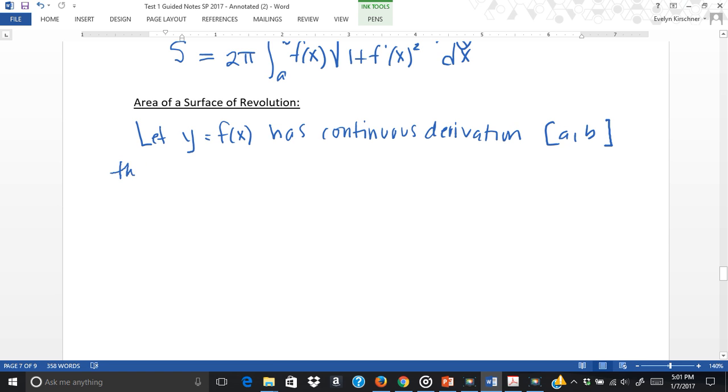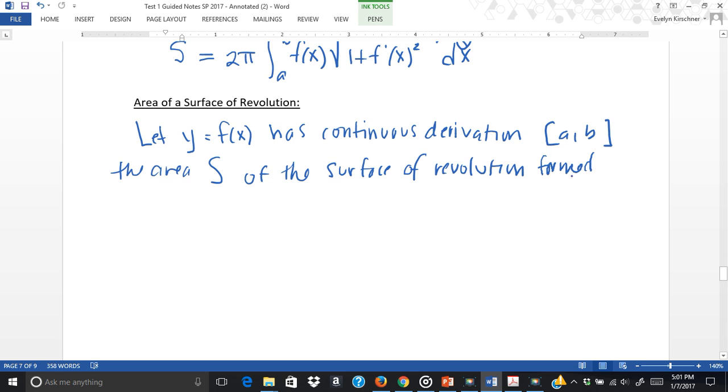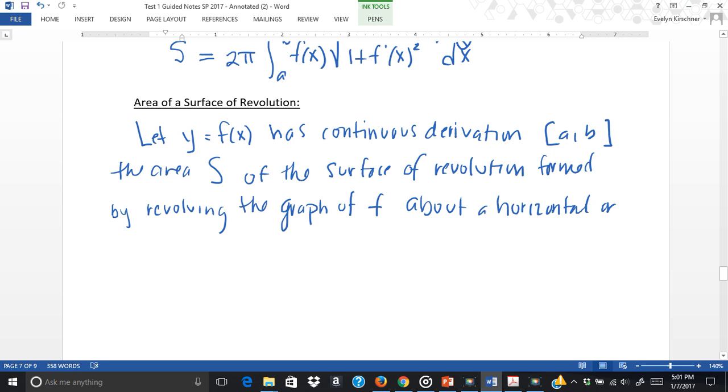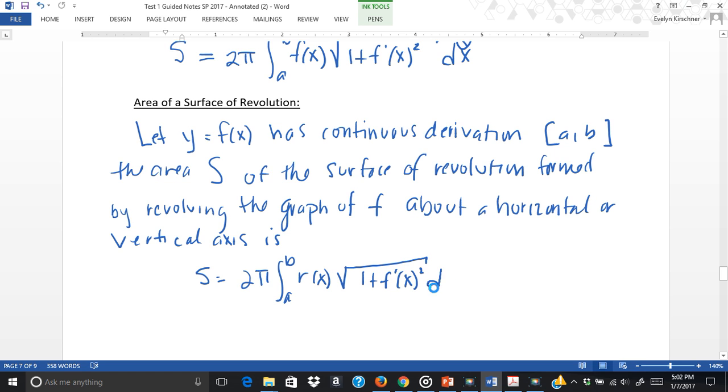And the area, I'm going to define it as S, of the surface of revolution formed by revolving the graph of f about a horizontal or vertical axis, is S equals 2 pi times the integral from a to b of r of x times the square root of 1 plus f prime squared, dx.